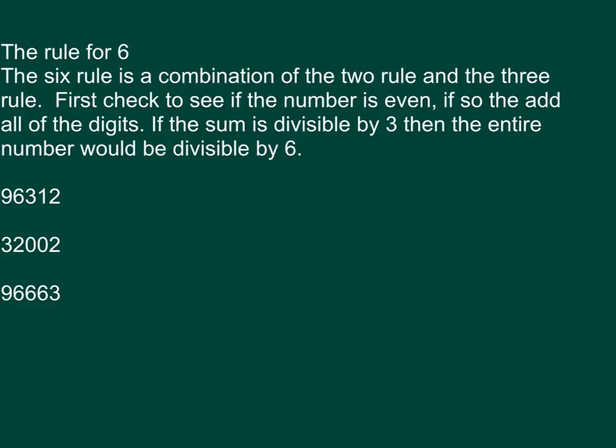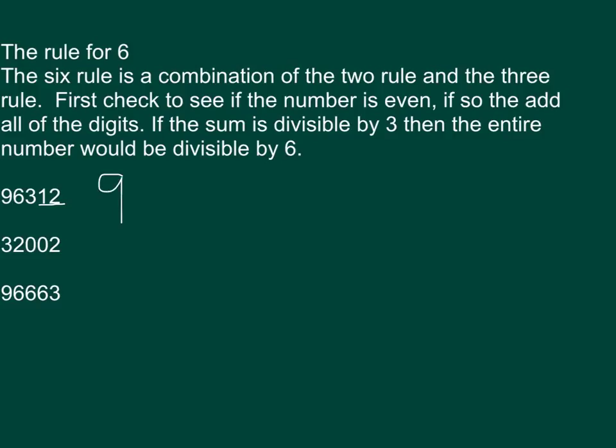All right, the rule for 6 is just like the last two rules we learned. It's the rule of 2 and the rule of 3. So we first have to check and see if the number is even. That's the 2 rule. So let's look here at this first number I have for us, 96,312. So the last digit is in fact even. It's a 2. Excellent. Now the 3 rule says we have to add all the numbers up.